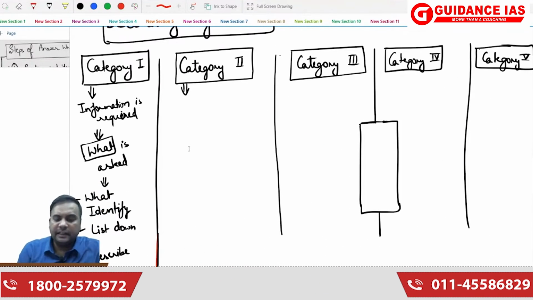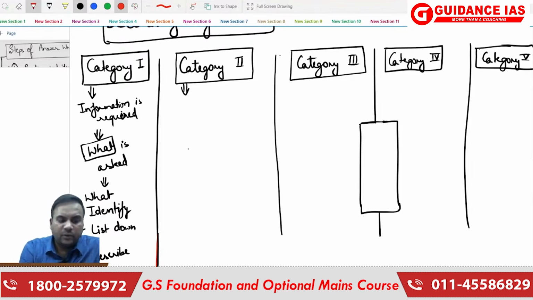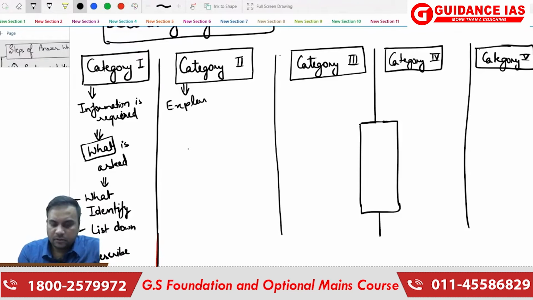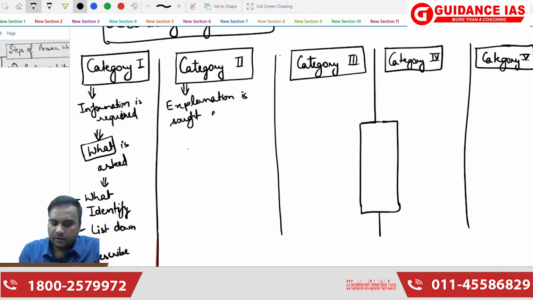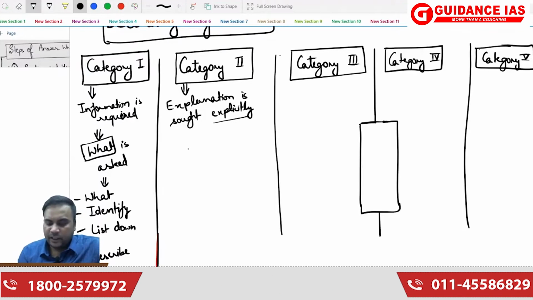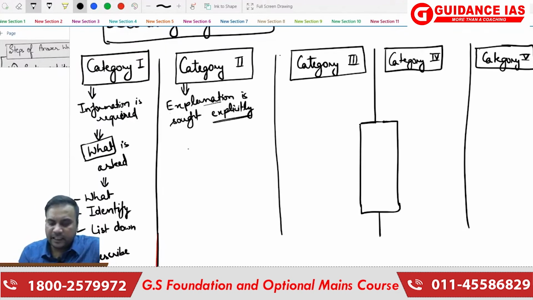Now here in category 2, very importantly, what is the case? Explanation is sought explicitly. Okay, so here what is explicit is the explanation.